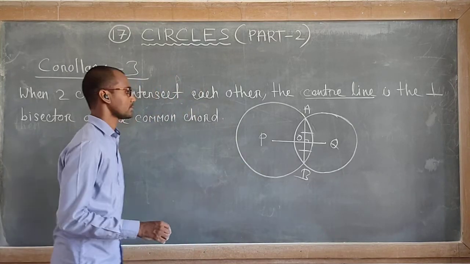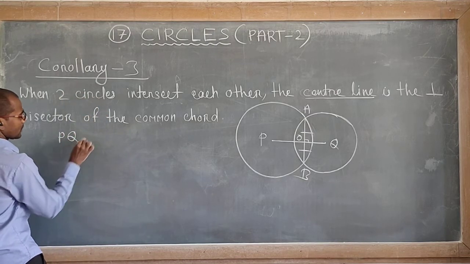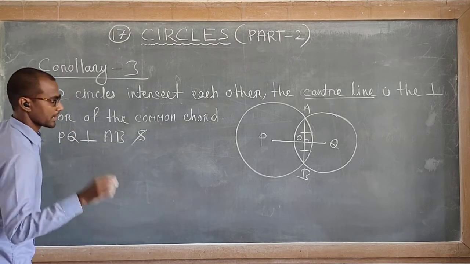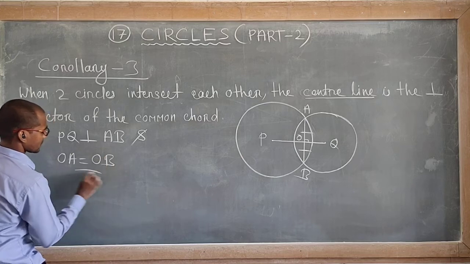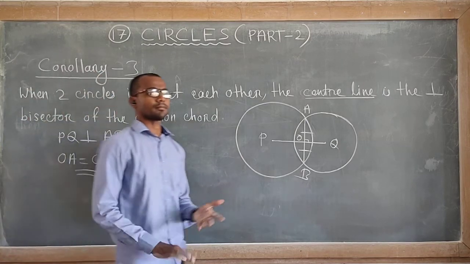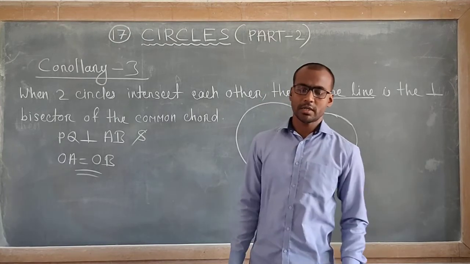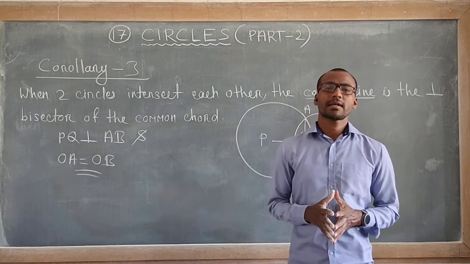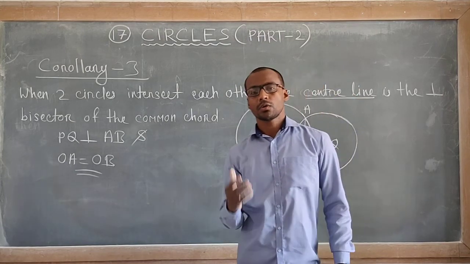So what we will get? PQ is perpendicular to AB and OA is equal to OB. So remember this. If two circles, may be equal, may not be equal, doesn't matter, intersect each other, then the central line will be the perpendicular bisector of the common chord of those two circles.